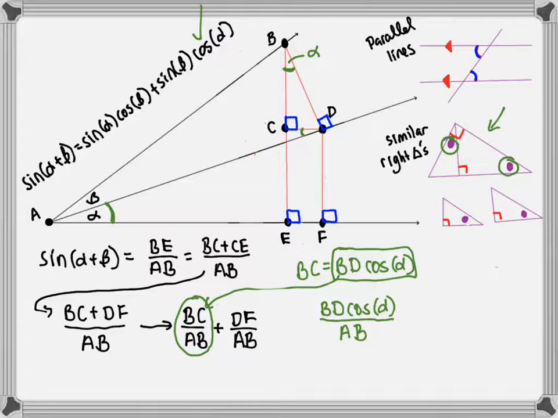So nicely enough, I have this over this in a right triangle. So it looks like if I take the sine of beta, I'm just going to write this right here, that is going to equal BD over AB, which is what I have down below.